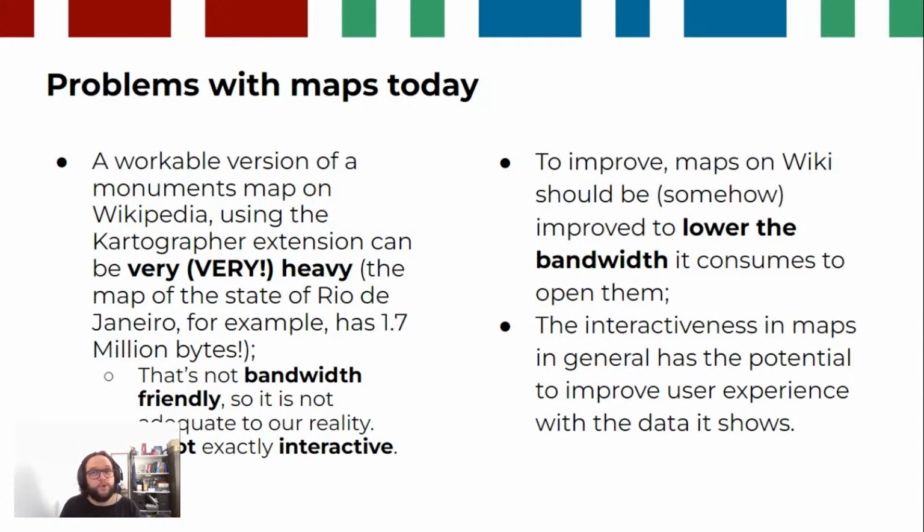So in order to improve the user experience of users that access the photograph contest pages or maps with information in articles, we, as a movement, should somehow, I don't know how, improve the maps on wiki to lower the bandwidth it consumes to open them.